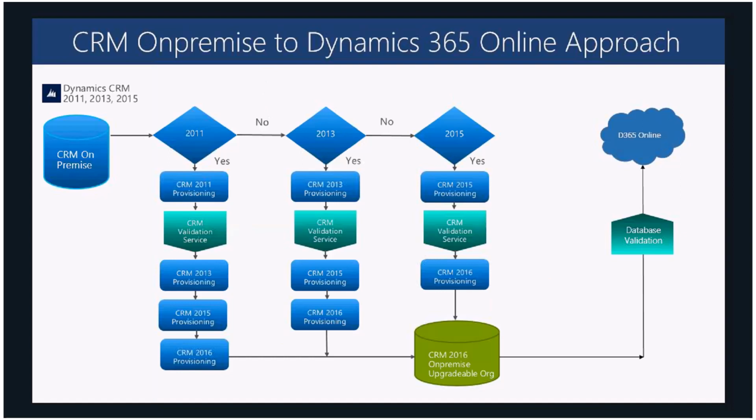And once that is done, the 2016 environment provisioning is done, and then the DB is upgraded. We do the web API call, and then the actual migration starts and moves. The DB is moved over as a new sandbox org in the customer's CRM online tenant.